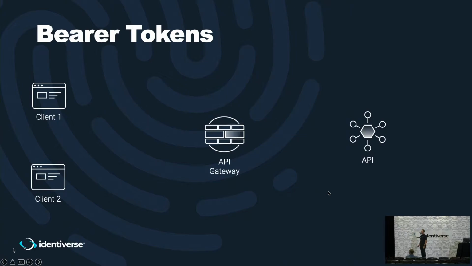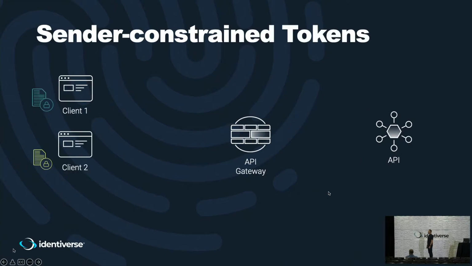Client 2 could potentially steal that token and perform the exact same thing, but the API gateway has no way of checking that this token belonged to client 1, right? So here, everything is going to be fine. The API gateway will check the expiration and whatever checks it does, and will happily accept the token.